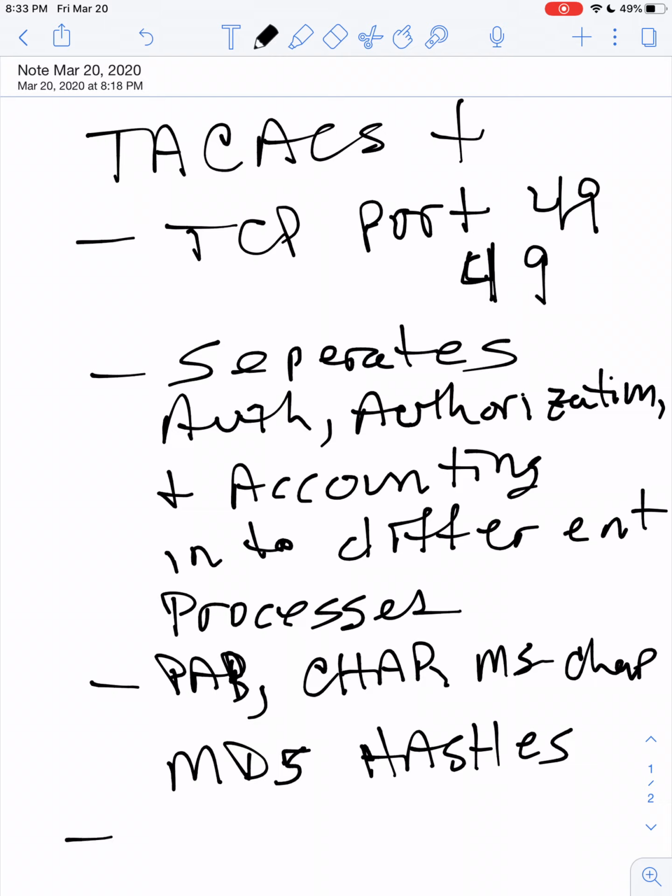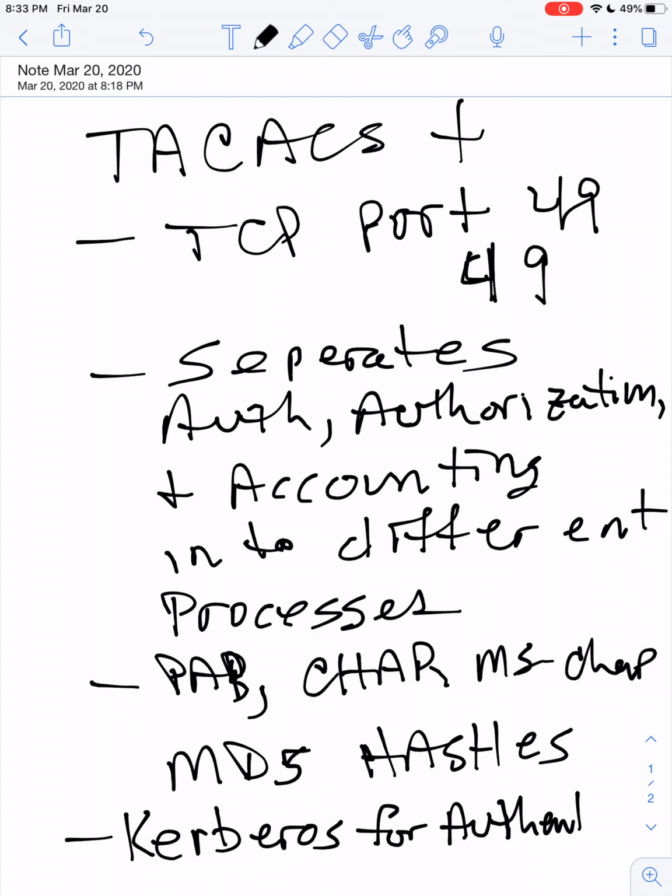Then we have the ability of using the Kerberos protocol with this one also, for the authentication scheme. So we can use the Kerberos process in that, and we'll talk about Kerberos right now.